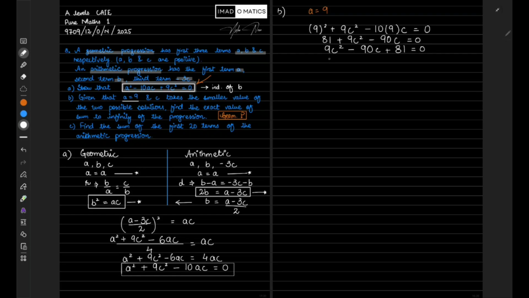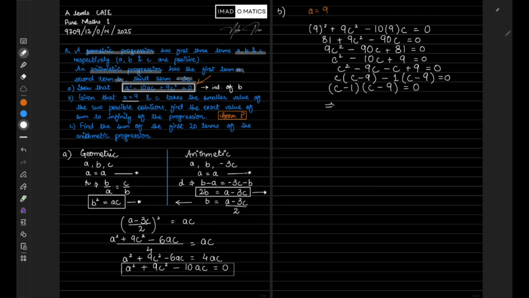We are dividing the whole equation by 9. I am splitting the middle term minus 10C into minus 9C and minus C, because they multiply to give you 9C square and add up to give you minus 10C. C common, C minus 9, minus 1 common, C minus 9. So we end up getting either C minus 1 or C minus 9 equals 0.